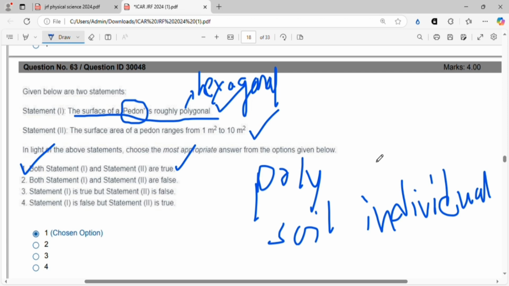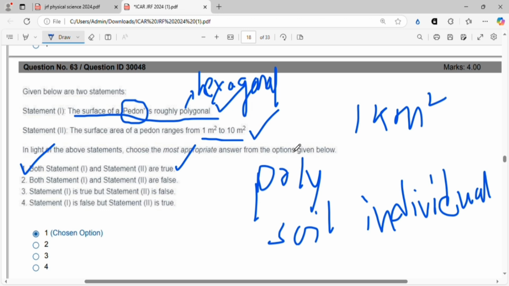Then you can call that portion a polypedon or a soil individual that has a minimum area of 1 kilometer square. You can see here 1 meter square to 10 meter square is pedon, whereas polypedon has a minimum area of 1 kilometer square and the maximum area is unspecified. It can go up to any value. It can be 100 kilometer square, it can be 200 kilometer square. There is no fixed maximum area.